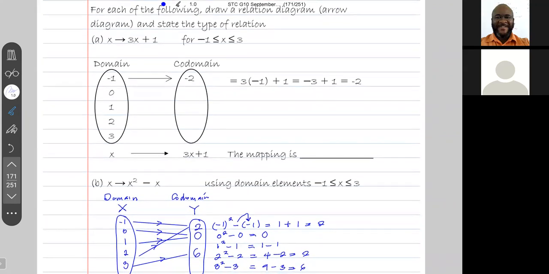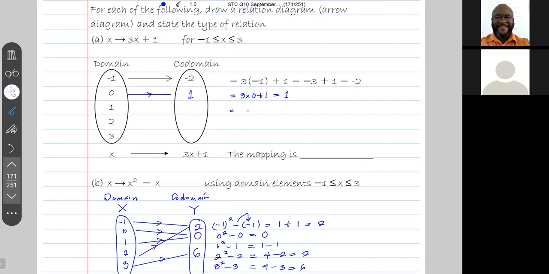So -1 is done for you already. So 0, you're going to multiply it by 3 and then add 1. So for this, you're going to get 1. So the number here is 1. So 0 is mapped to 1.